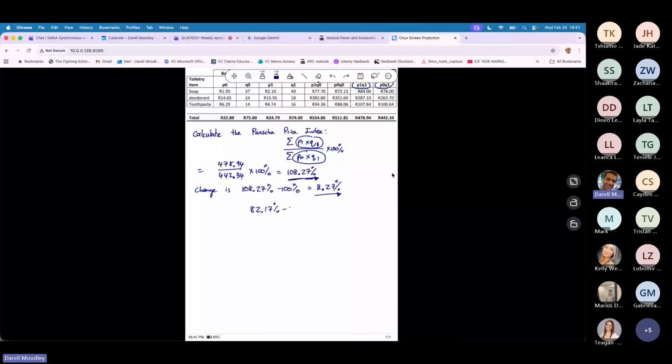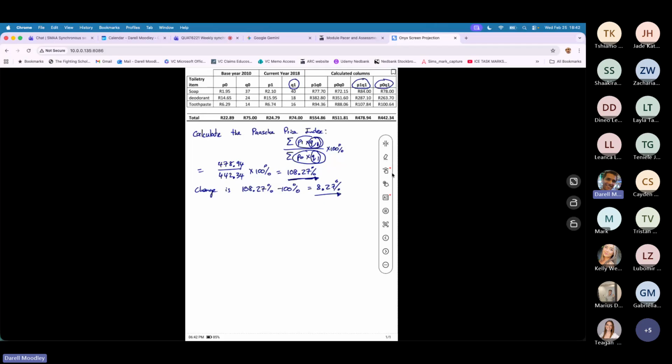Okay, now in this example, we got an index of 108.27. So the change, which we just worked out, is 8.27%. Right, now let's interpret this answer. We always start off with saying what we are keeping constant. If you look at the formula, we have Q1 in the top and we have Q1 in the bottom. So that means we're keeping the quantity in the current year constant.